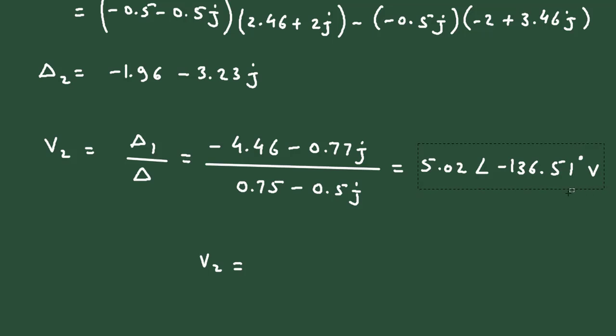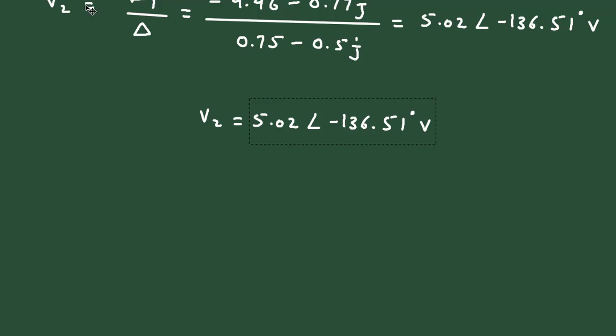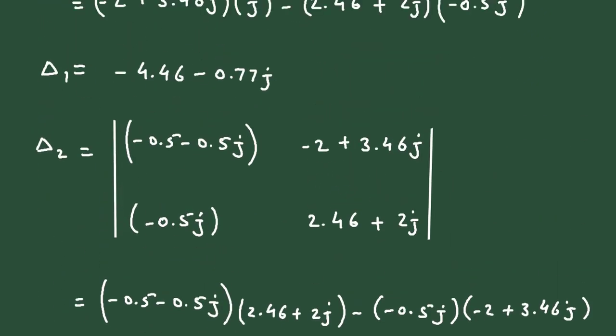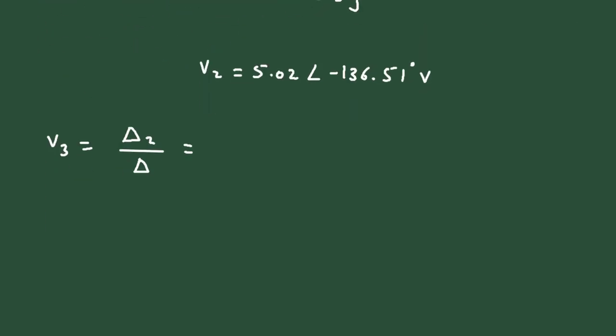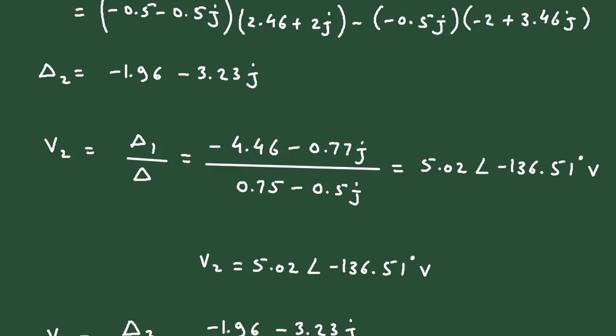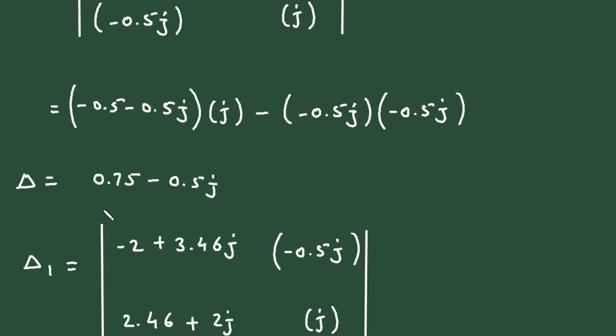Now we got the value of V2. Next we have to find the value of V3. So V3 is equal to delta 2 upon delta. The value of delta 2 is this, and the value of delta is this.